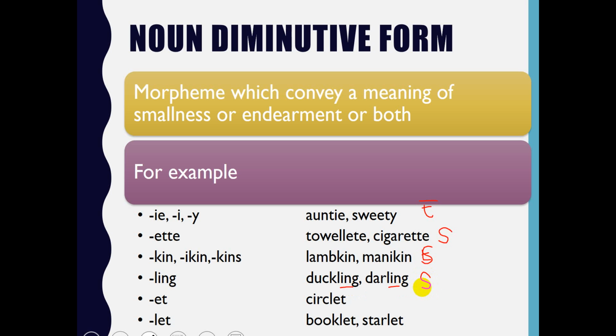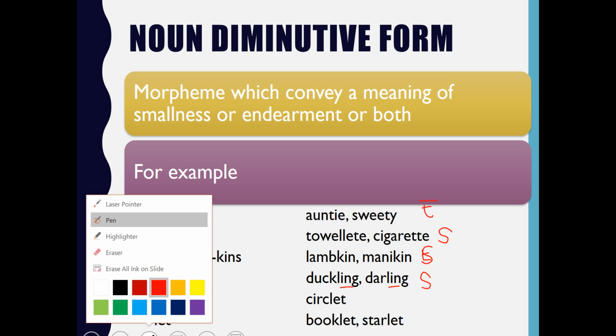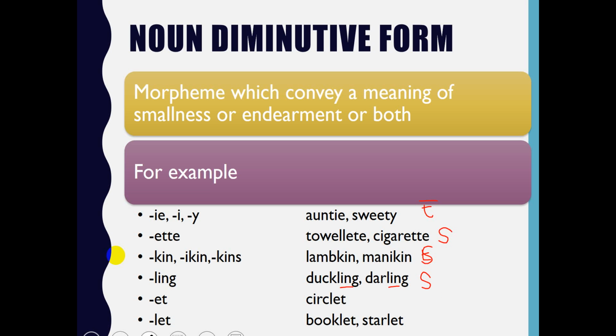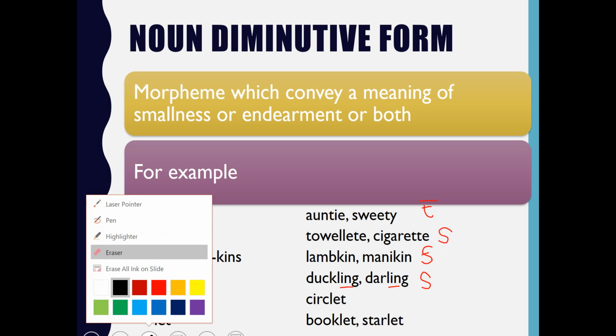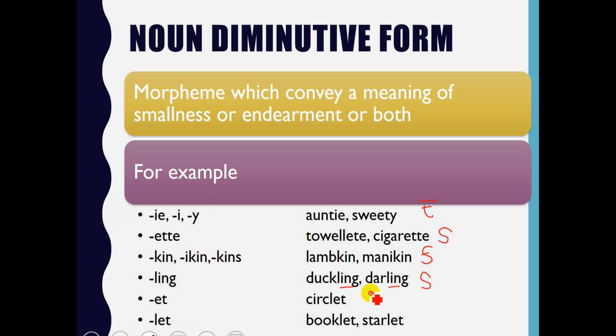So this also indicates smallness. And then circle, circlet. This one is also smallness. So circle is bigger. If it is circlet, that is the small one. This also happens in booklet and starlet. Let here means small.